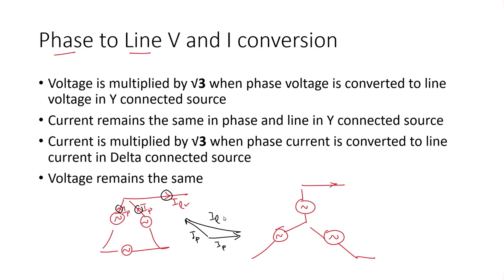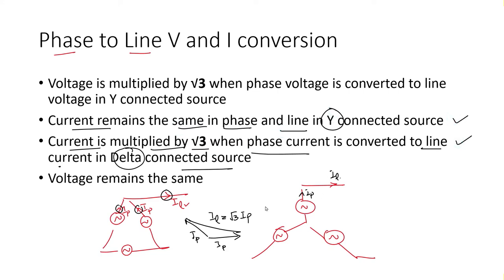This suggests that IL is equal to root 3 times IP in a delta connected source. So the current is multiplied by root 3 when the phase current is converted to the line current. Similarly, in this circuit, the emerging current IP is equal to IL, so the current remains the same in phase and line in Y connection. So we are done with these two things.